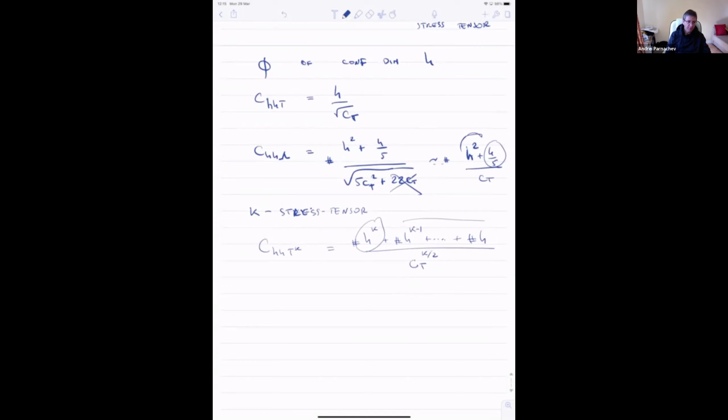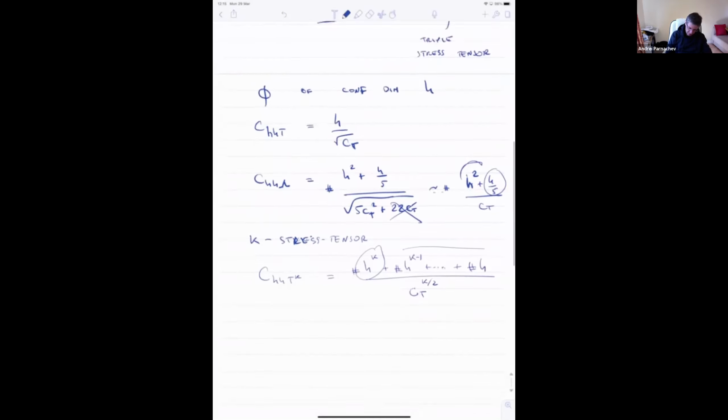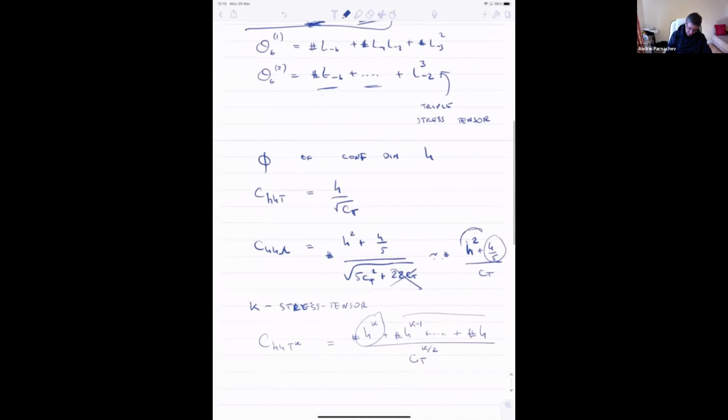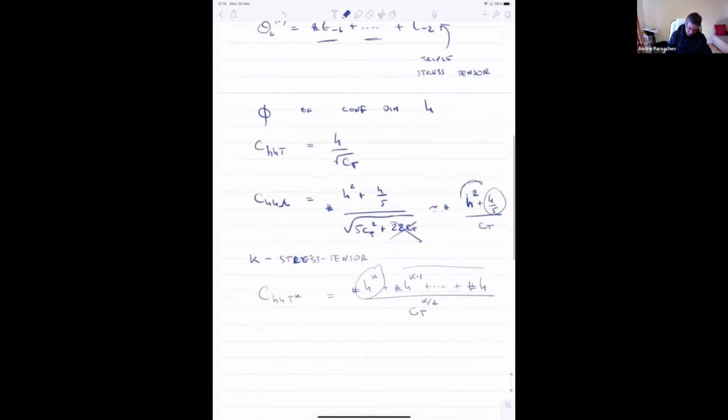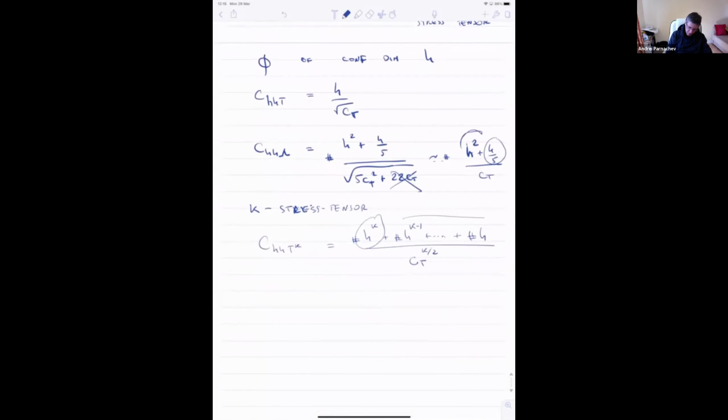Now, an interesting limit that we can take is the limit where H scales the same way as CT.